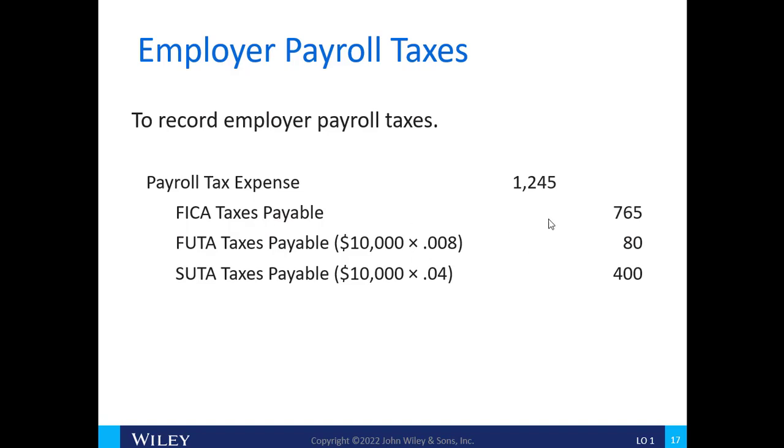The other 7.65% is paid by the employer. So this is what we're paying. Federal unemployment and state unemployment we said was 0.008 and 0.04. This is all what we're going to have to pay. So that's going to be our payroll tax expense. Now when that comes due, then we'll remove these payables and we would credit cash at the time it's paid. So this is the payroll taxes.